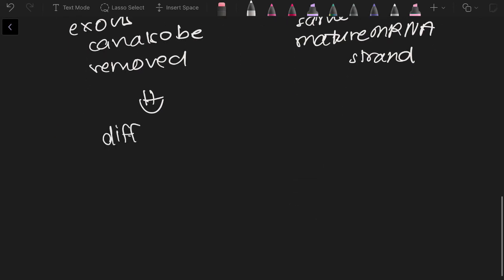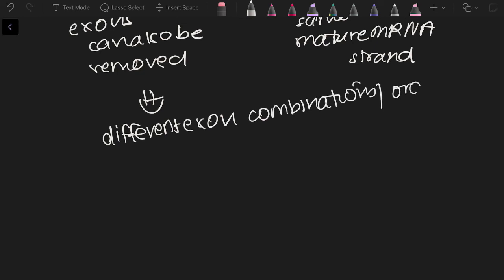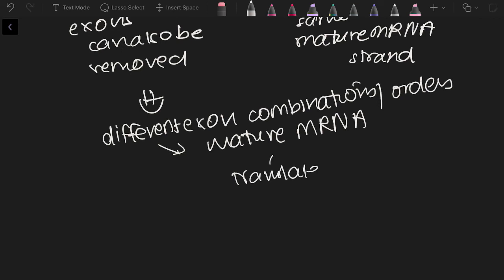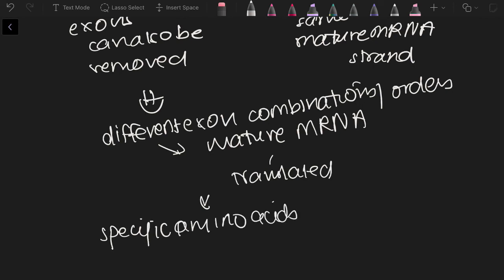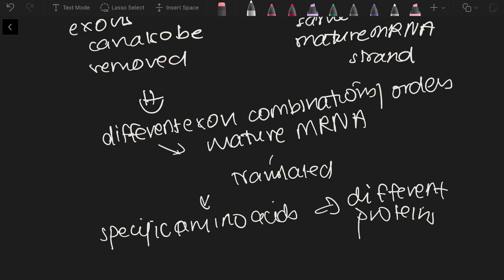So if you splice out different exons, then different exon combinations or orders will be there in your mature mRNA, and once this mature mRNA gets translated, it can code for specific amino acids, which can then code for different proteins. So overall, this is the process of RNA processing, or alternative splicing, or gene splicing basically.